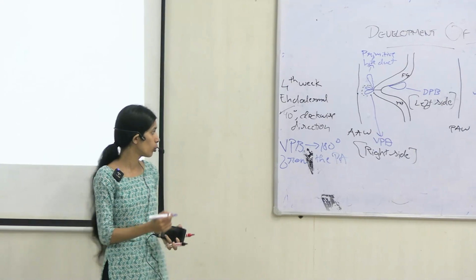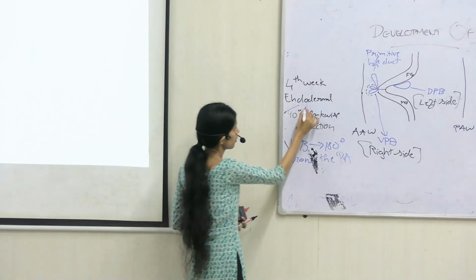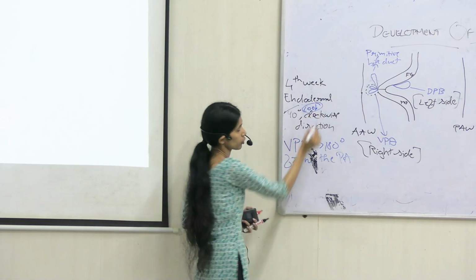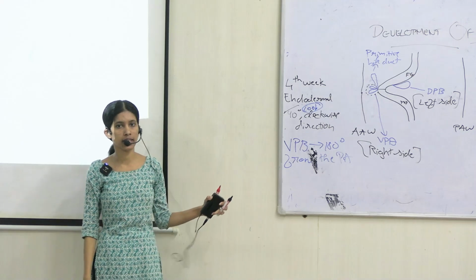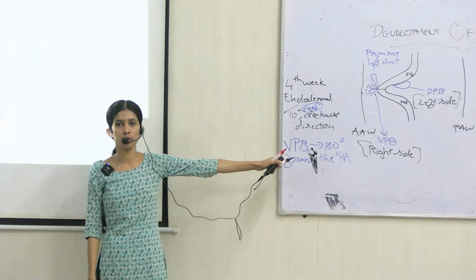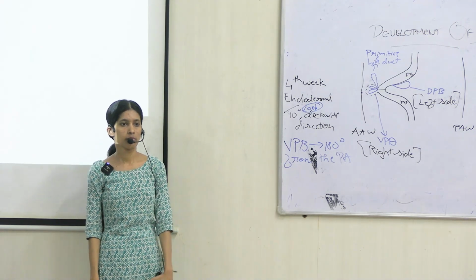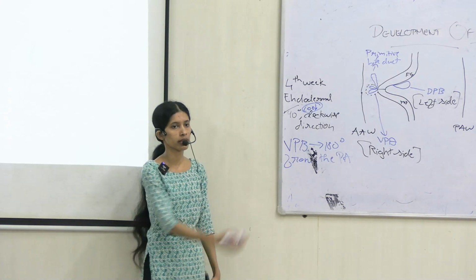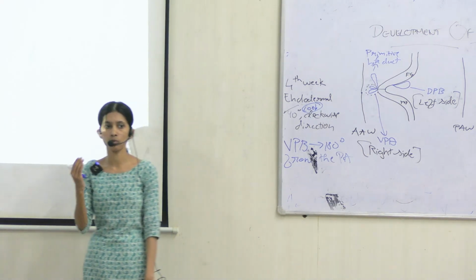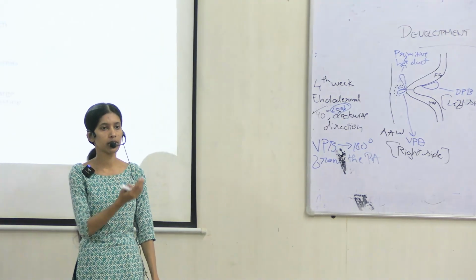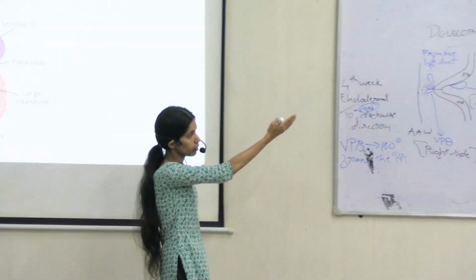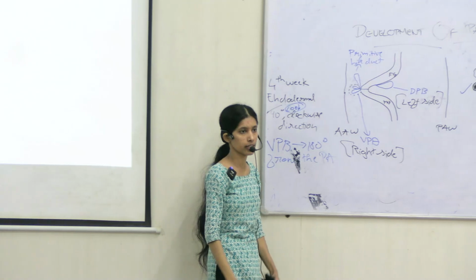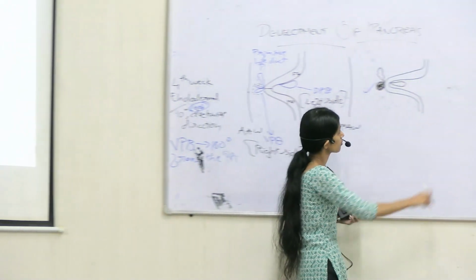First one is the loop rotation. Don't forget, we are talking about the loop rotation. But in the second one, we are talking only about the rotation of your ventral pancreatic bud. Once the ventral pancreatic bud takes a 180-degree rotation, it will come and settle below your dorsal pancreatic bud like this.